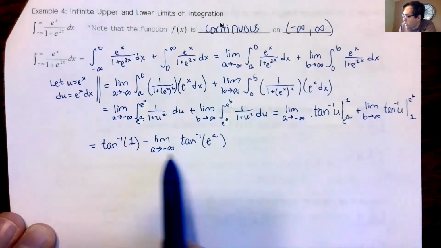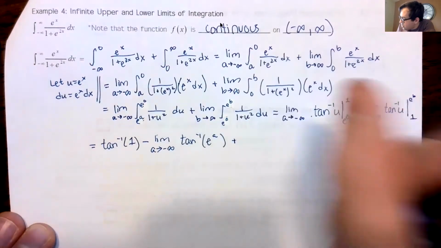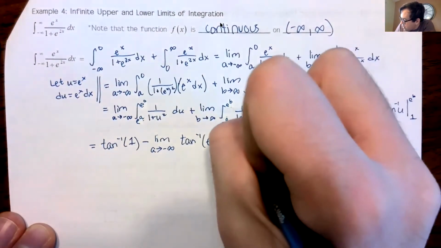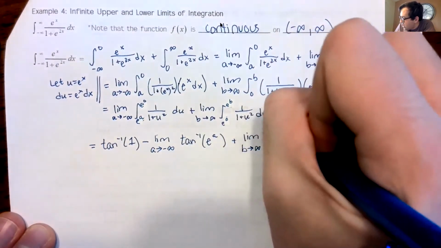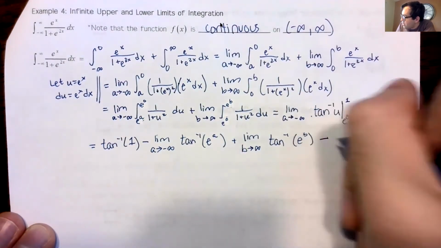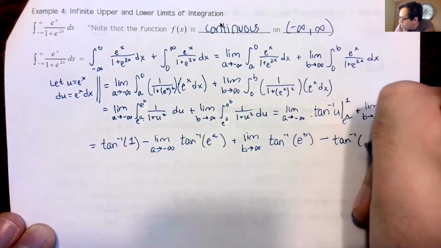So that whole thing just came from here. Now I'm going to do the same thing for the second one. So it's plus, for this first one, I have the b involved, so I need to write the limit statement as b approaches positive infinity, arctan of e to the b, minus, the second one doesn't have b in it, it's just arctan of 1 again.